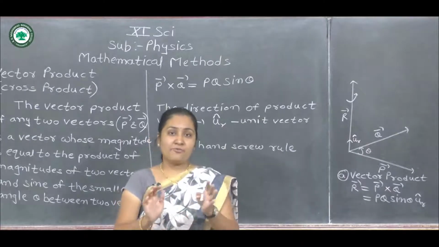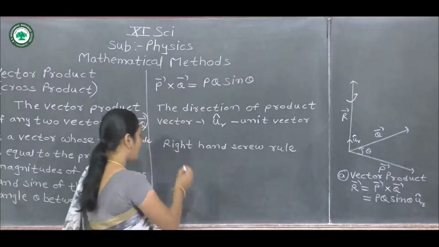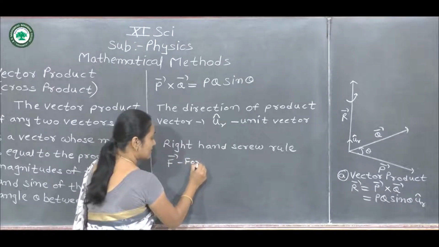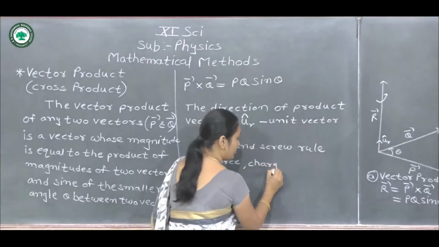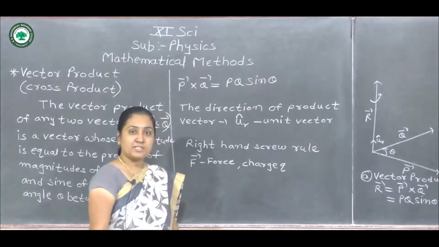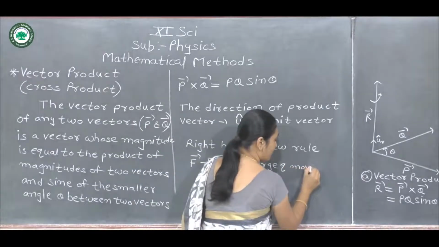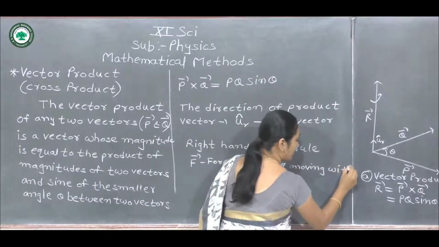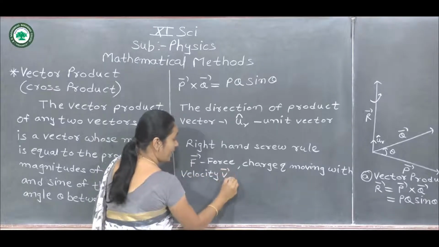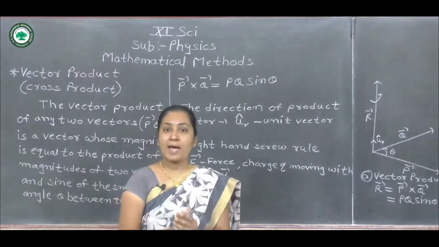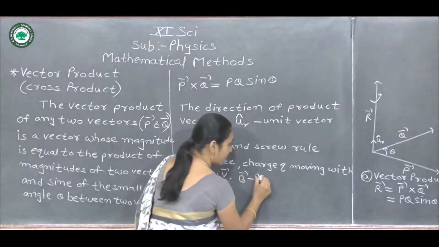Similarly, if we have to study a general example of vector product in physics, suppose F bar is the force experienced by a charge Q moving with velocity V bar, placed in a uniform magnetic field of magnetic induction B bar.